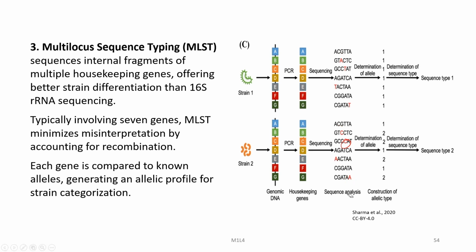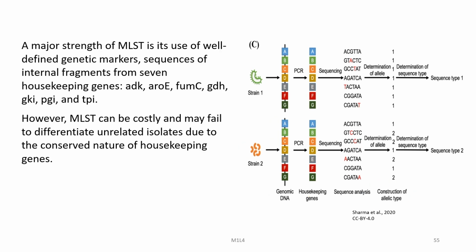So, this helps us in determination of the allele and thereby the sequence type, which may be categorized in this case as sequence type 1 and sequence type 2. So, these steps are the construction of the allelic type.